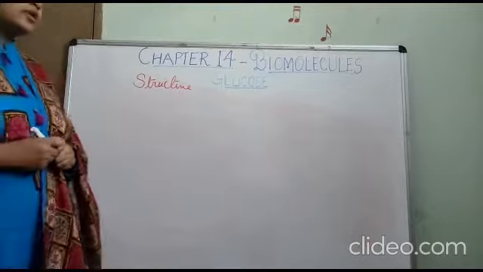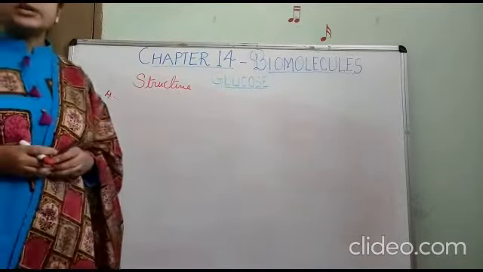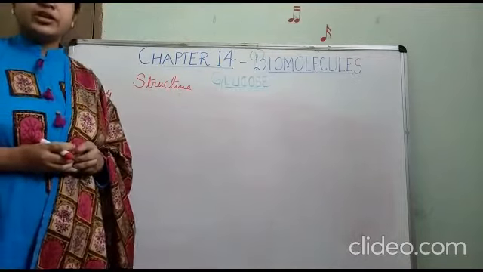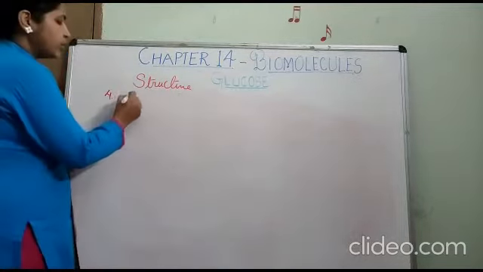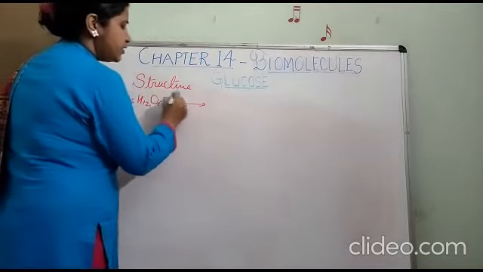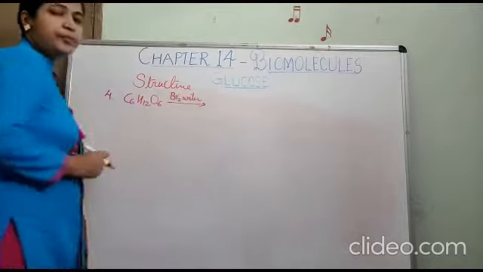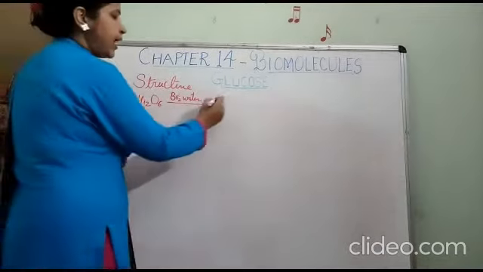Coming to the next observation. Glucose is treated with a mild oxidizing agent, say for example bromine water. So glucose, when treated with bromine water, forms gluconic acid.